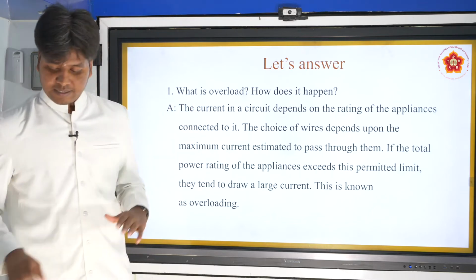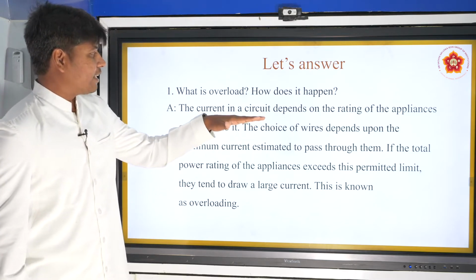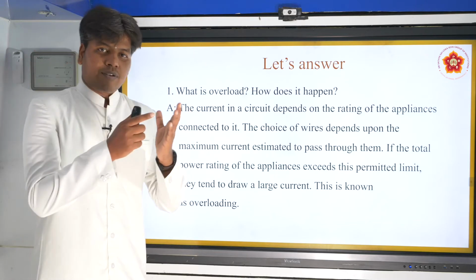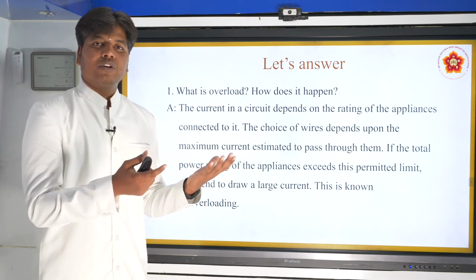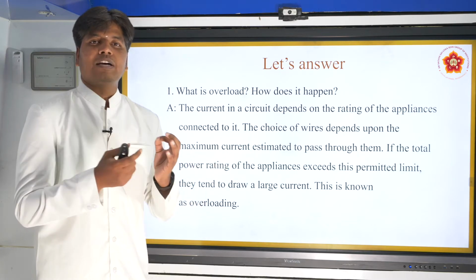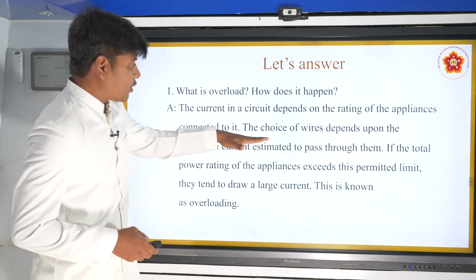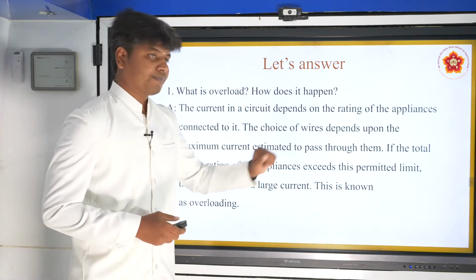That is what is written: the current in a circuit depends on the rating of the appliance connected to it. If it wants 10 amperes, it will be connected to a 15 ampere circuit, so that 10 amperes can easily pass through that circuit.